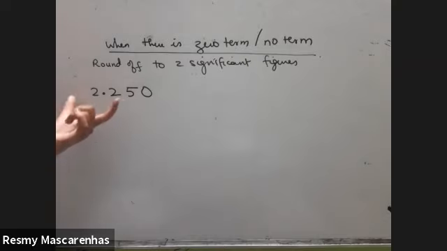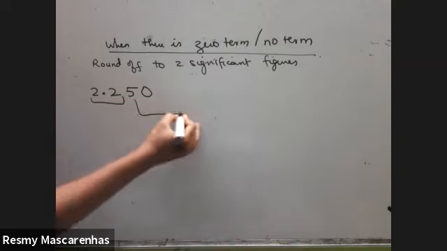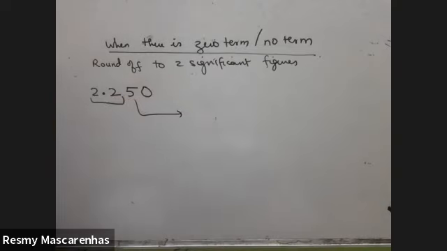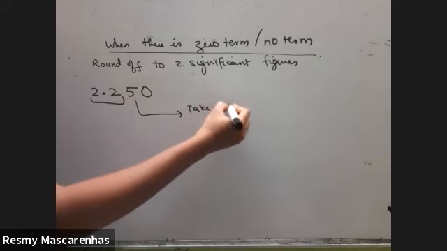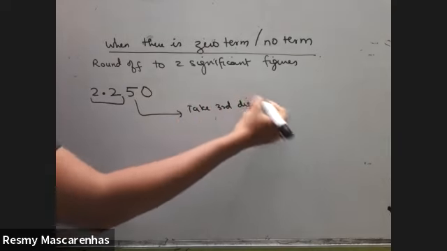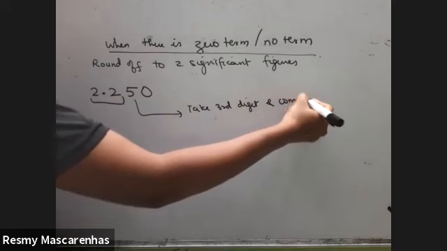Now suppose I want to count, but definitely this much. The same thing, this rule will remain the same. Take the third digit and compare with 5.